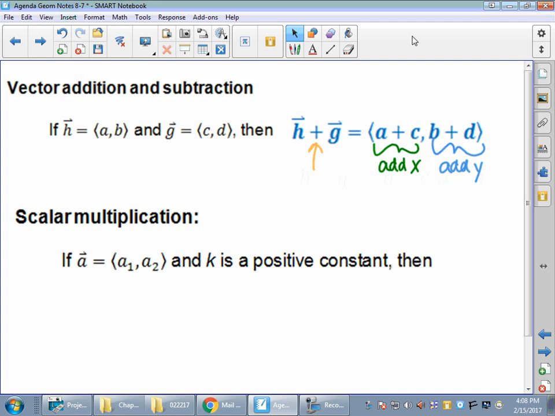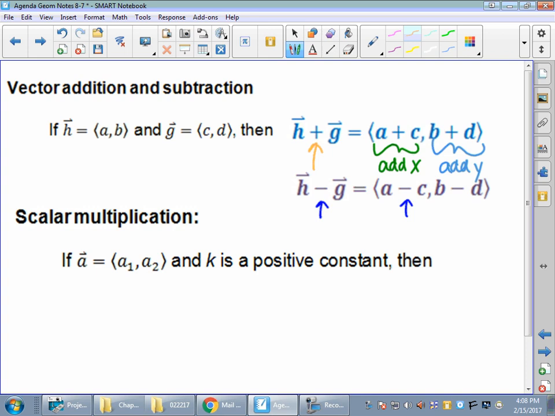If we were subtracting H minus G, we would take our A minus C and our B minus D. So all the same rules apply. Actually, I've got this right here. I forgot. If we're subtracting, we subtract the x's, we subtract the y's.